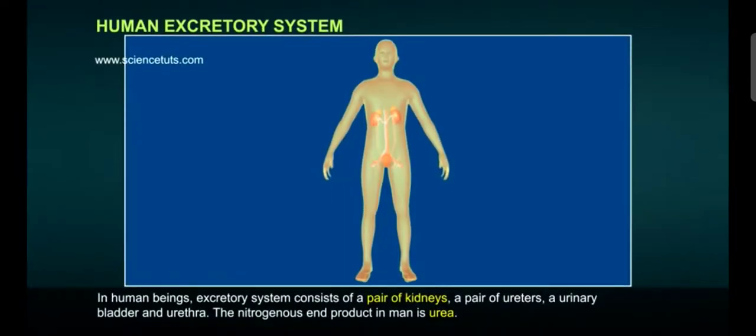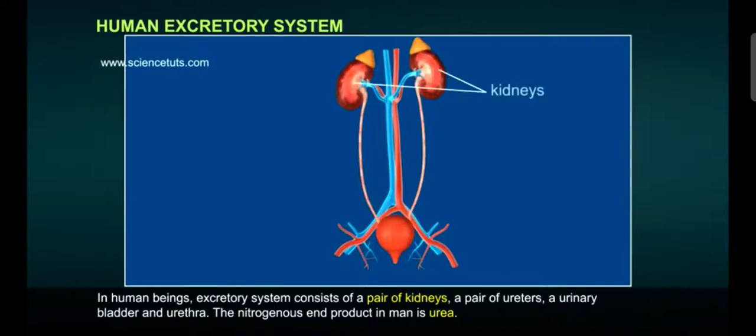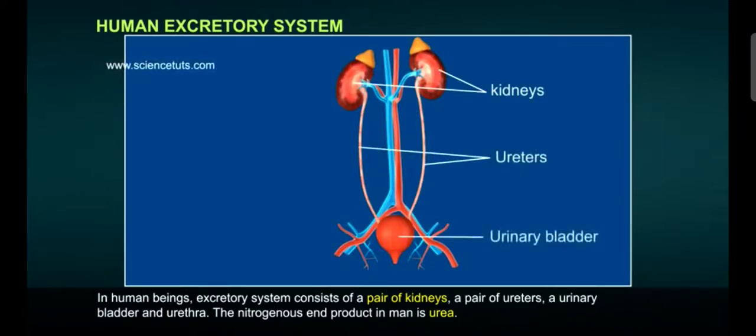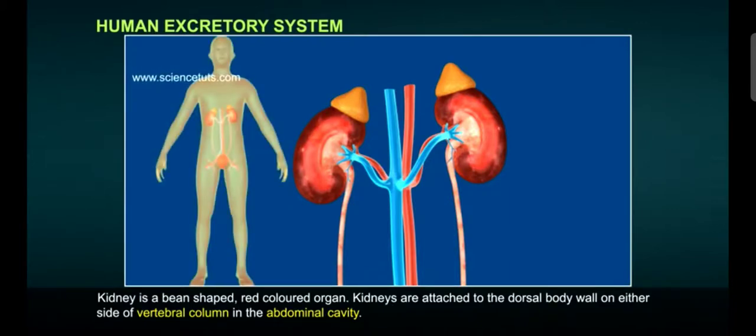In human beings, the excretory system consists of a pair of kidneys, a pair of ureters, a urinary bladder, and urethra. The nitrogenous end product in man is urea. Kidney is a bean-shaped, red-colored organ. Kidneys are attached to the dorsal body wall on either side of the vertebral column in the abdominal cavity.